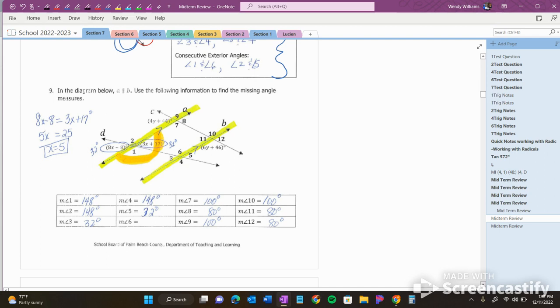Don't forget, we know things like alternating interior, we know vertical angles, and we also have supplementary. Look at this picture carefully. It's not hard, but you do have to know which ones you set equal to each other and which ones you have to add together and set equal to 180.